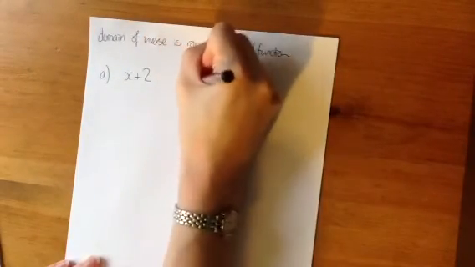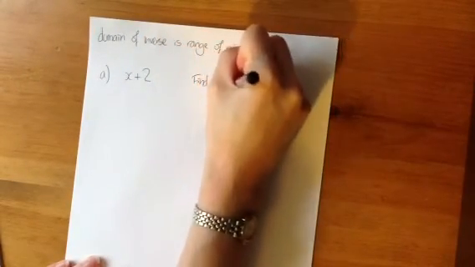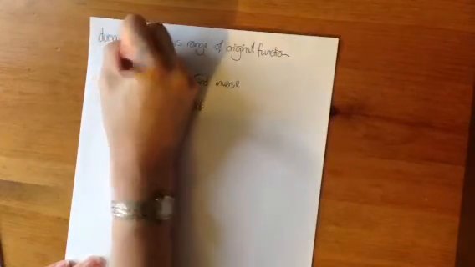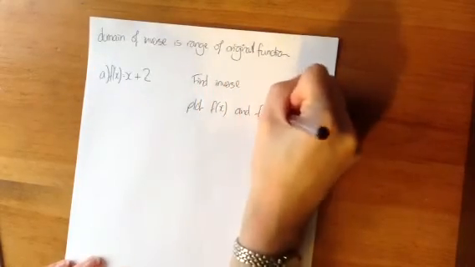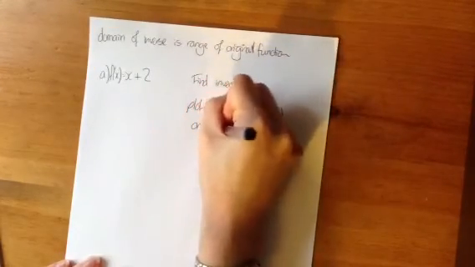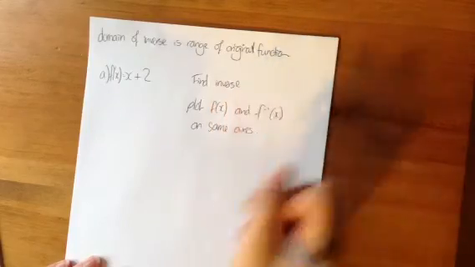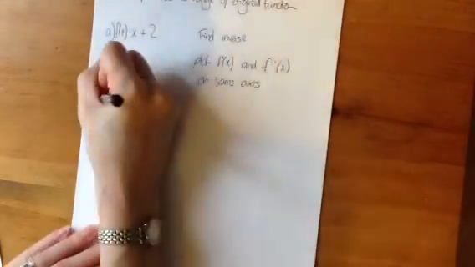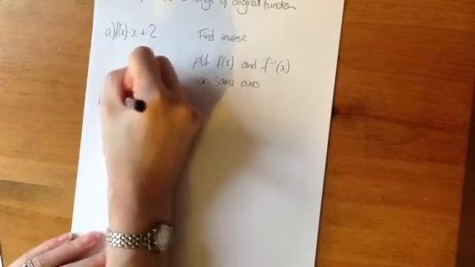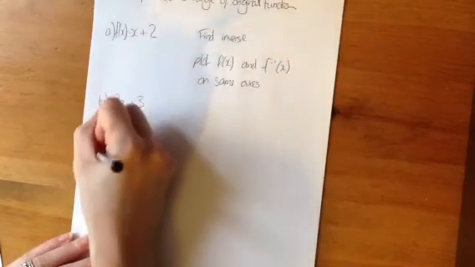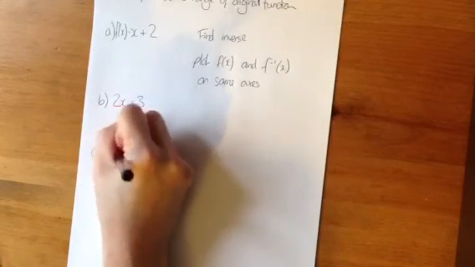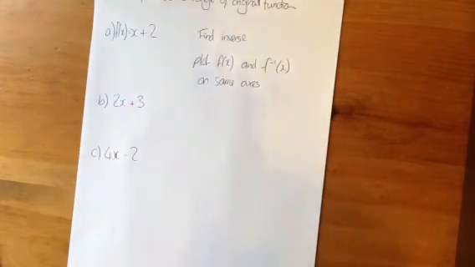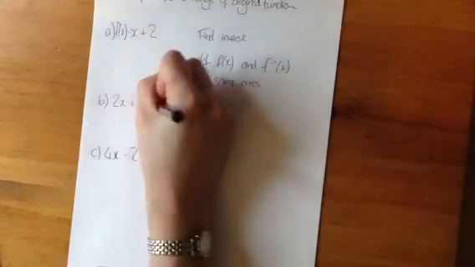So find the inverse and plot, so let's go with, if f of x is x minus 2, plot f of x and inverse f of x on the same axes. And I want you to see if you can find what the relationship is between those two things. That is your bonus question for today. So they're the 3 graphs I'd like you to have a go at.